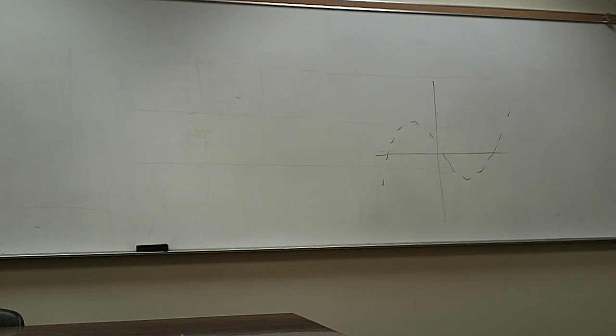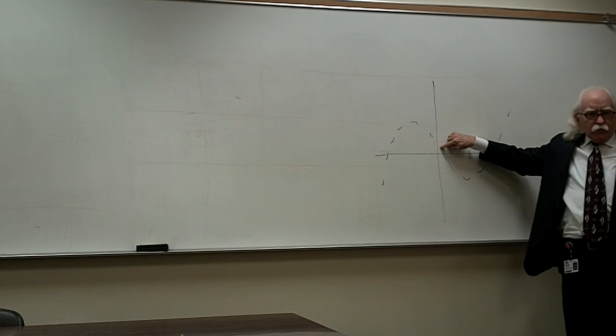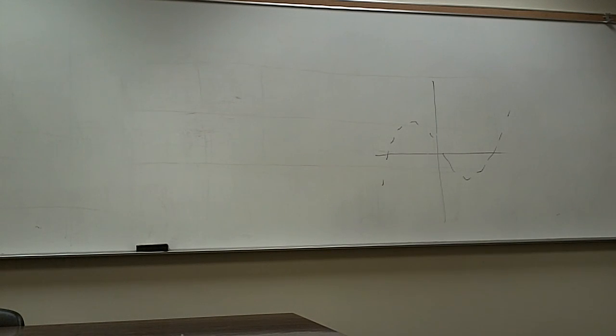If you're walking along this line, all of a sudden you're going to hit what they call a critical point of second order, where it goes from concave down to concave up. And you step on it and stand there on that point. That's the critical point of second order.